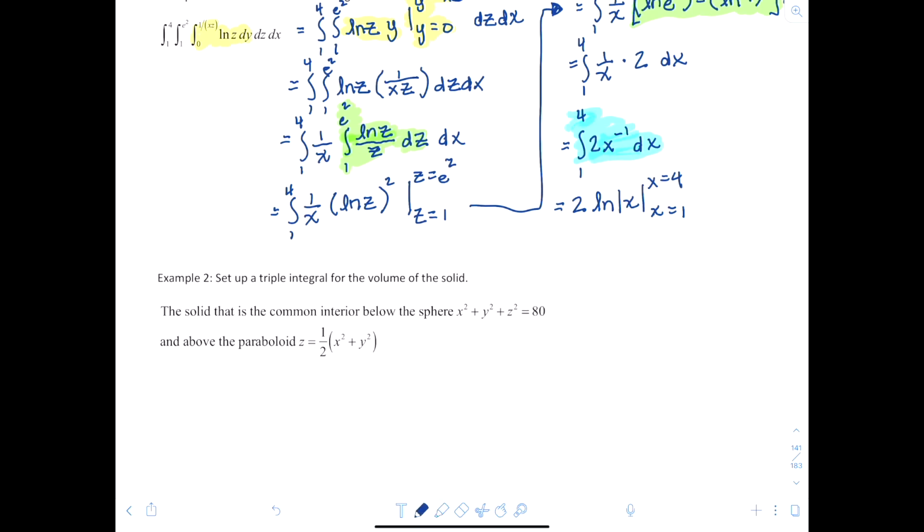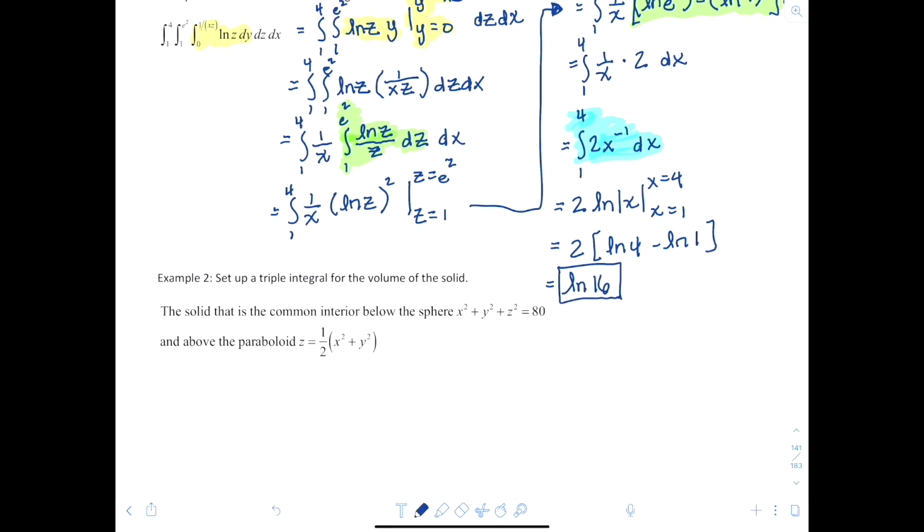And we'll have 2 times natural log at 4 minus natural log at 1. Remember, natural log at 1 is 0. And then we'll just end up with 2 natural log at 4, which gives us what? Awesome. Natural log at 4 squared, which is natural log at 16.